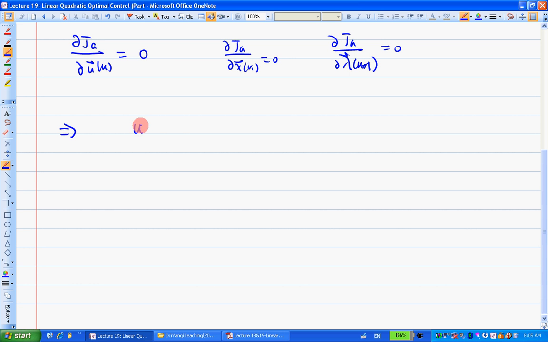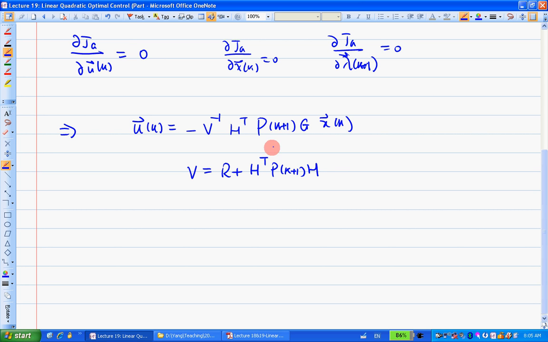Our u equals negative V transpose H transpose P G x of k, and V here is R plus H transpose P of k plus 1 H. Okay, so that's the u here.